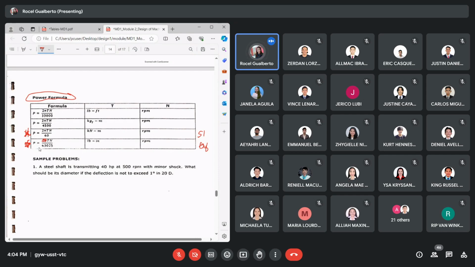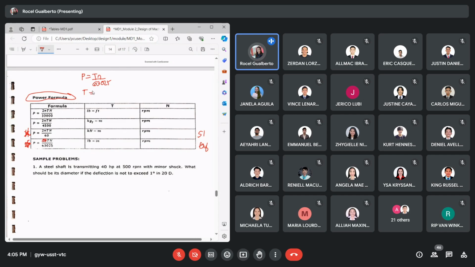Okay, so let us have first po yung power. Kunin po natin yung equation na yon: power is equal to Tn over 63025. Gagamitin po natin ito to solve for the torque.